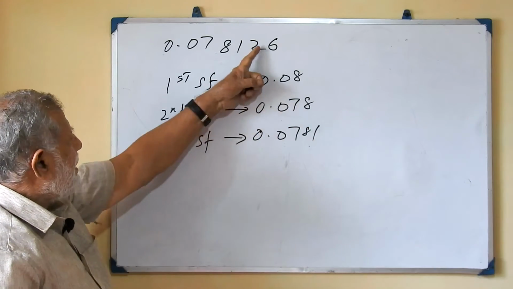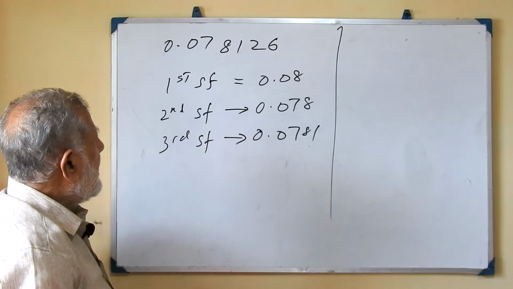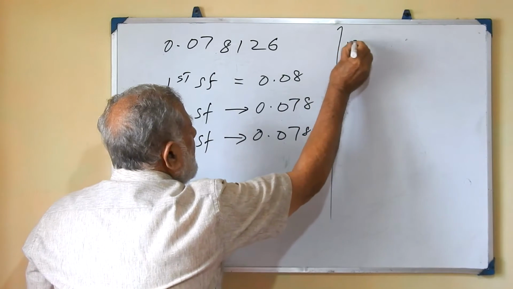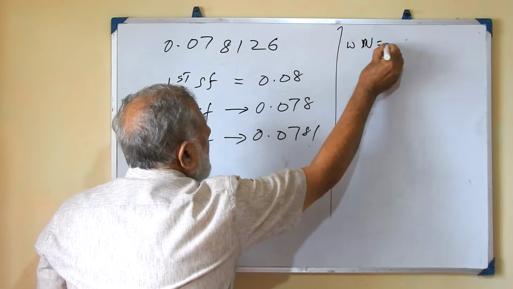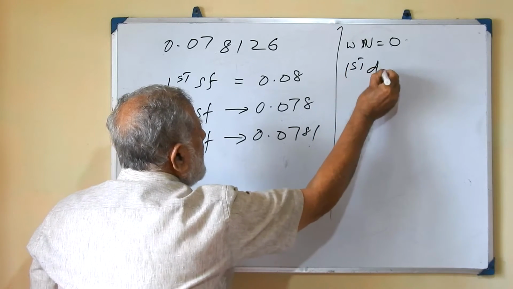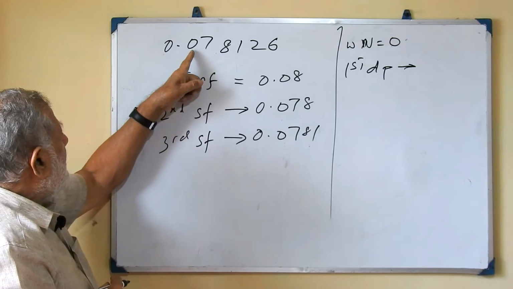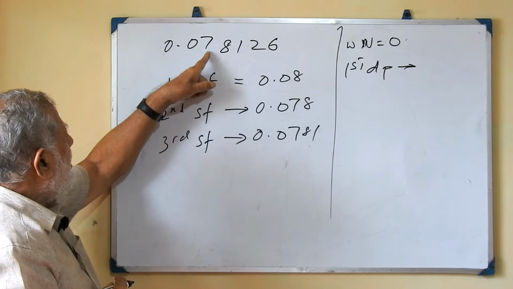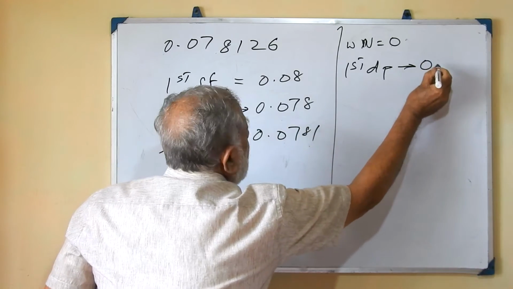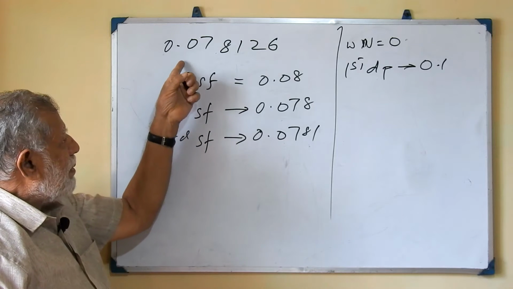Supposing we take decimal places, the nearest whole number is of course 0. What is the first decimal place? The first decimal place is 0 here, but 7 is more than 5, so you have to add 1 to this. So the first decimal place will be 0.1.